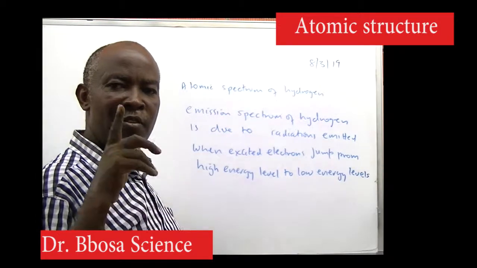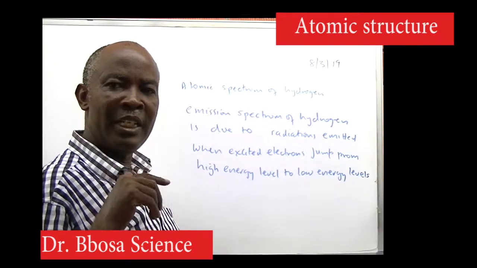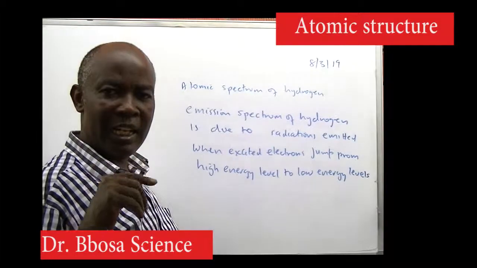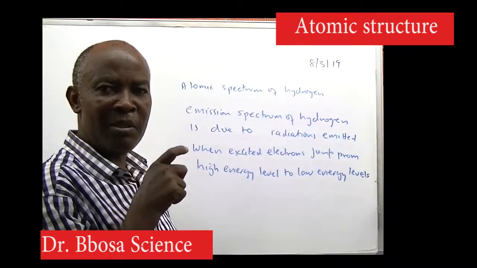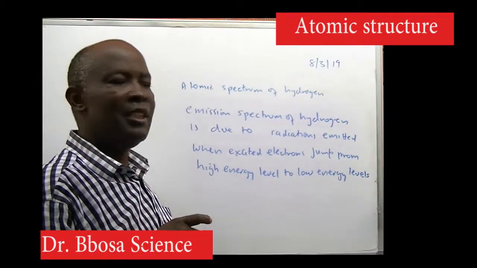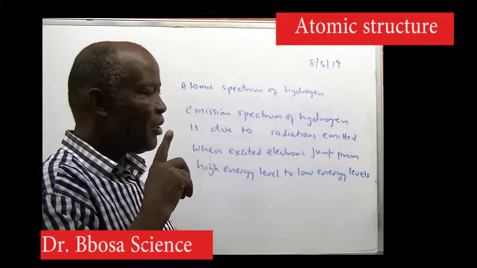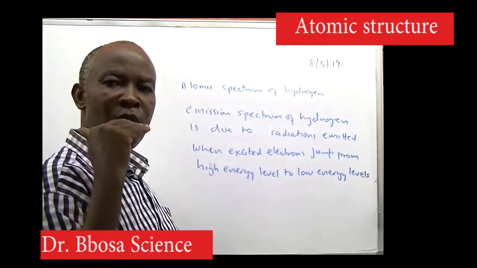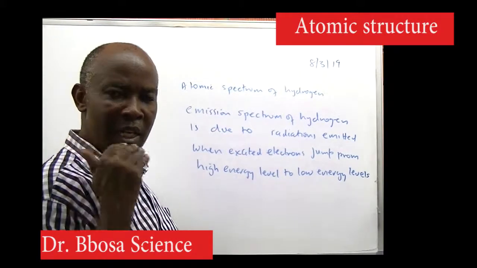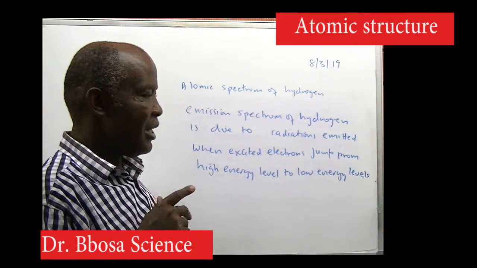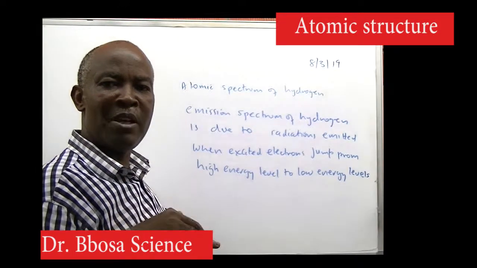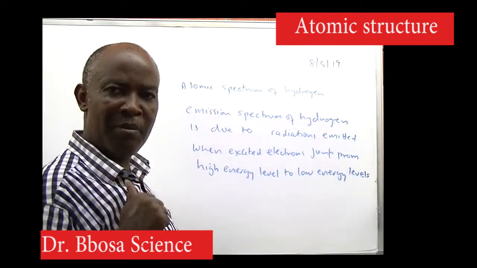When the radiation falls within the visible part of the spectrum, it is seen as color. So the Balmer series in the hydrogen spectrum is due to radiation caused by electrons jumping from a higher energy level to a lower energy level and emitting radiation with frequencies within the visible part of the spectrum.